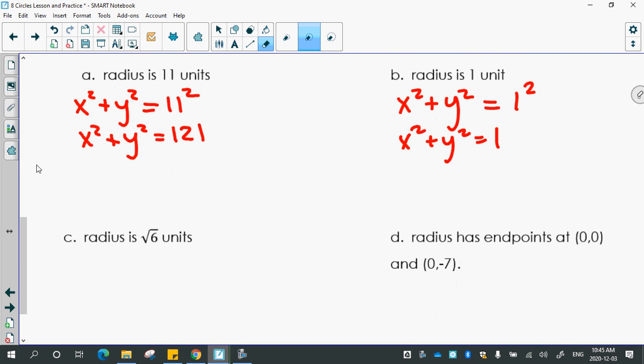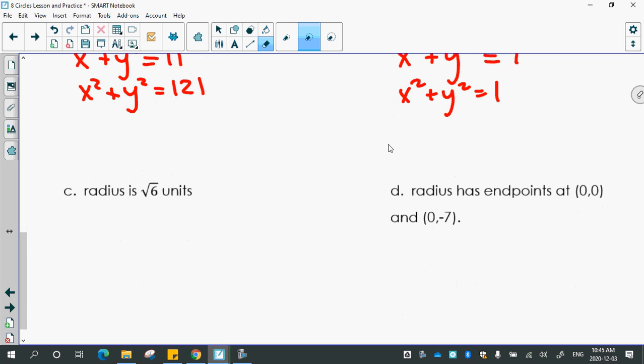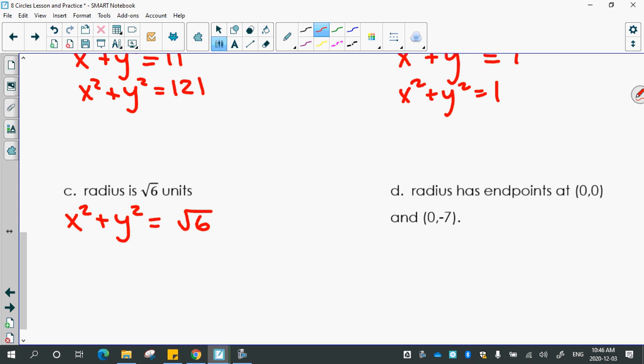All right. Radius of square root of 6. So again, because the center is 0, 0, we know that the left side is x squared plus y squared. And we know the right side is whatever the radius is squared. So here the radius is not a nice number, it's the square root of 6. But we're squaring it.